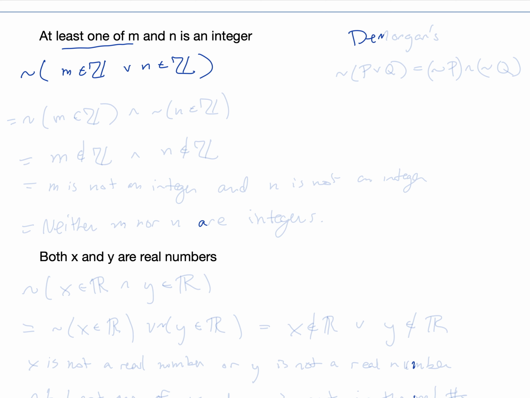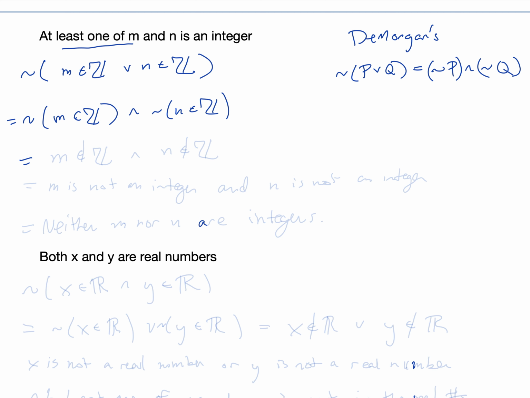We know De Morgan's laws for negating ands and ors. The negation of p or q is equivalent to the negation of p and the negation of q. So if it's not true that m is an integer or n is an integer, then negation of m is an integer and negation of n is an integer, negating separately, changing the sign.